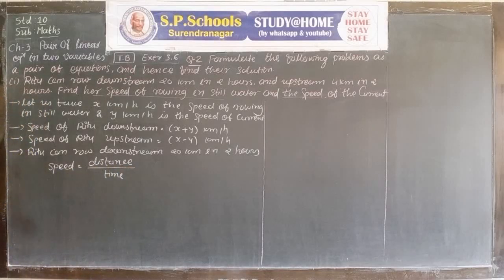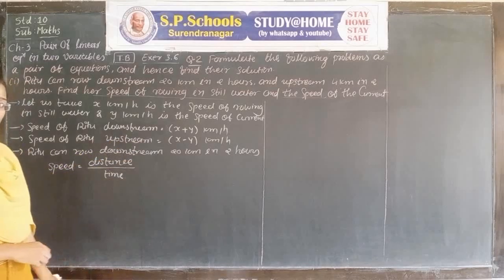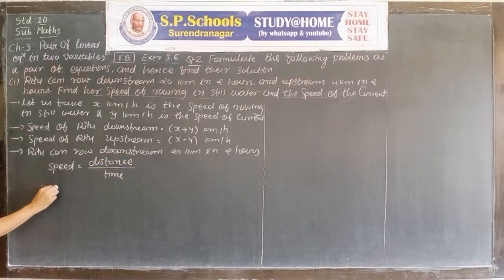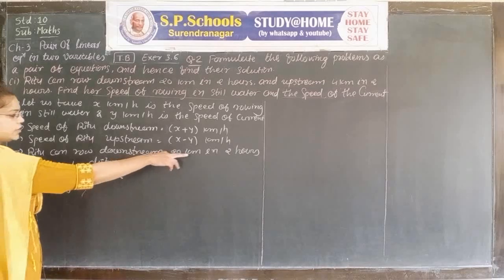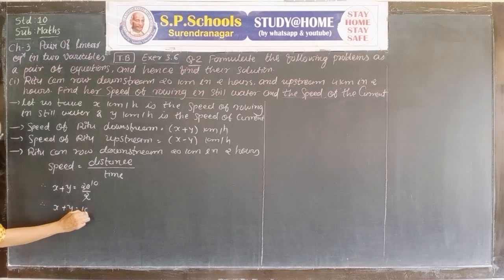Here the speed of downstream is x plus y. x plus y is equal to the distance, 20 km, and time is 2 hours. 20 upon 2, cut is possible, 2 tens are 20. That's why x plus y is equal to 10, which is our first equation.